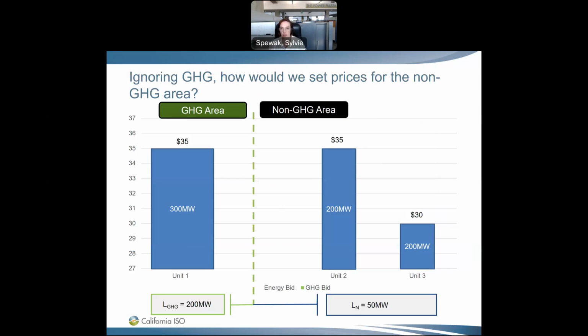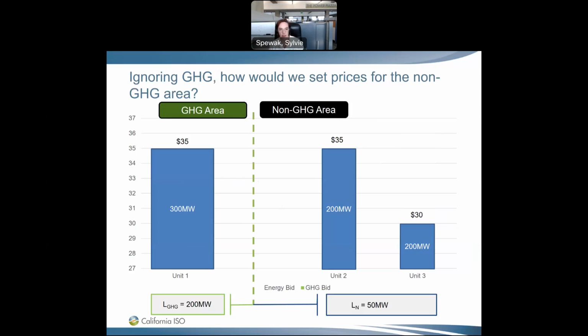I've removed the GHG costs, and you'll note that that only impacts Unit 3. It does not impact the cost of Unit 1, which might have a GHG cost, but it's already accounted for in its energy bid. But even if we use Unit 1 to meet load in the non-GHG area, it would still have a compliance cost if it's an emitting resource because it's in a regulated area. So that stays the same.